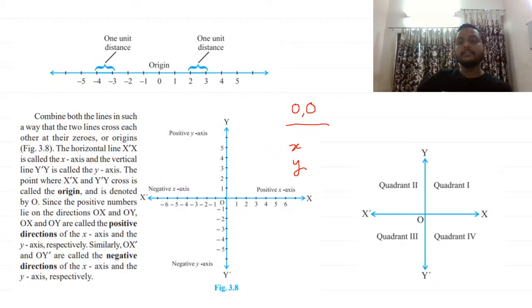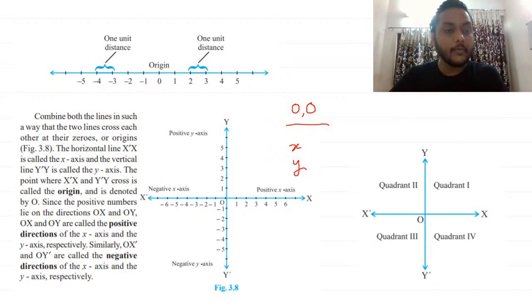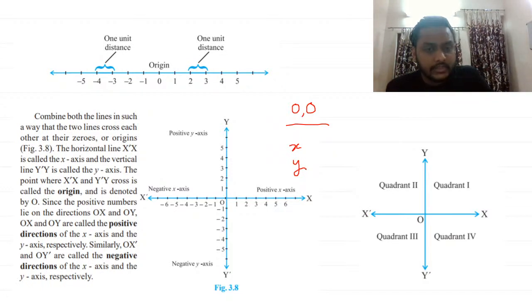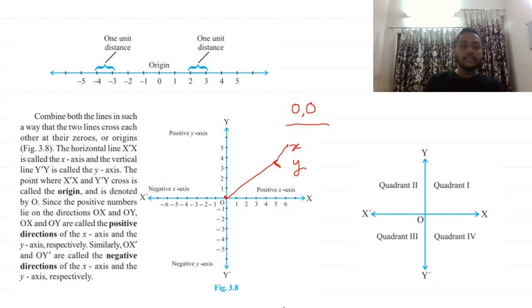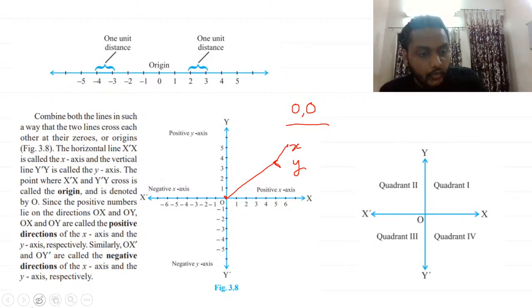That means my x is 0 and my y is also 0. When your x is 0 and your y is 0, that will be lying over here at this point, the origin. At this point, your x and y both are 0. You got this?